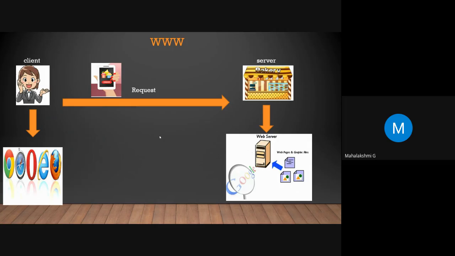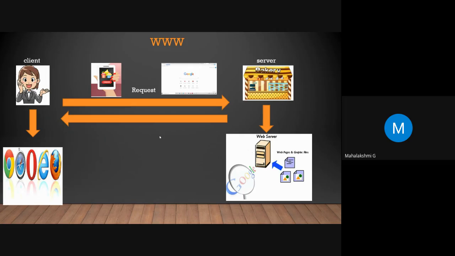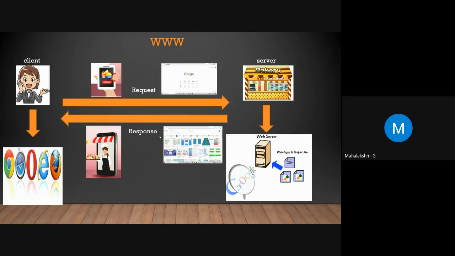Similarly, in a web page, whatever documents you need, you type the related words in the web page. After receiving the request, the corresponding document will be sent to the client. So it is exactly the same as the cake being delivered to our home.